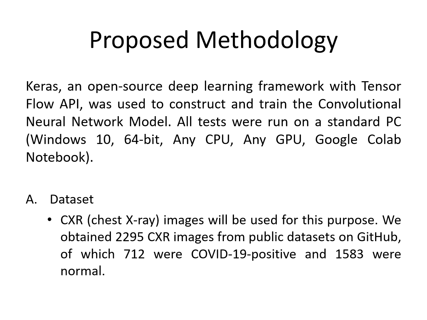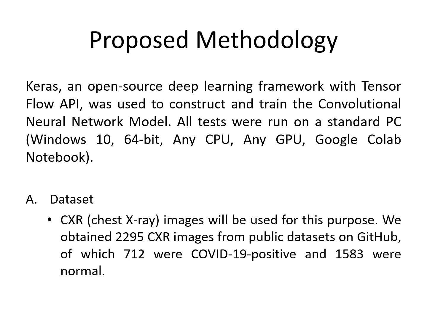This section outlines a comprehensive model of the deep learning tool for COVID-19 pneumonia classification. The convolutional neural network model was built and trained using Keras, an open source deep learning framework with TensorFlow API. The architecture consists of three stages. Firstly, the dataset.